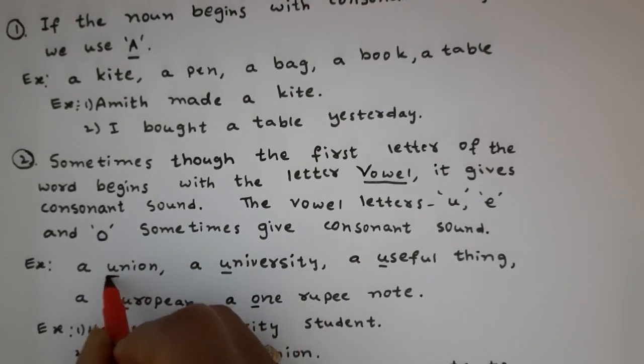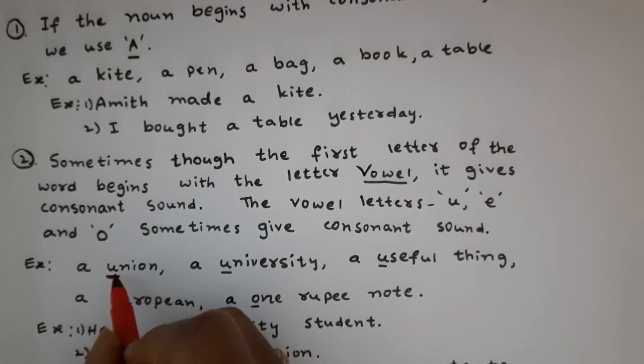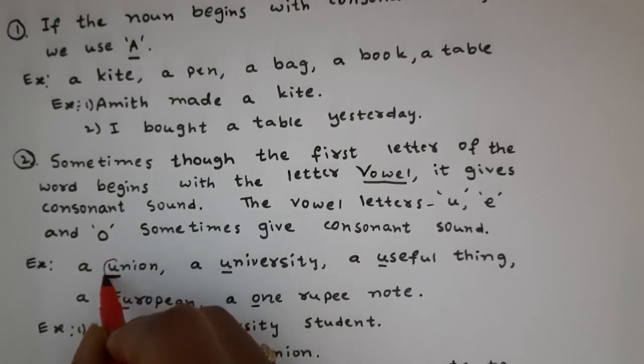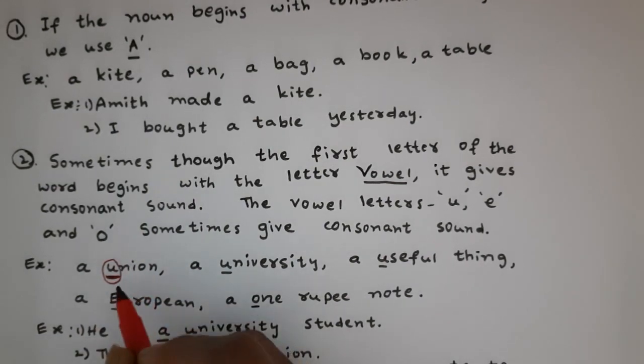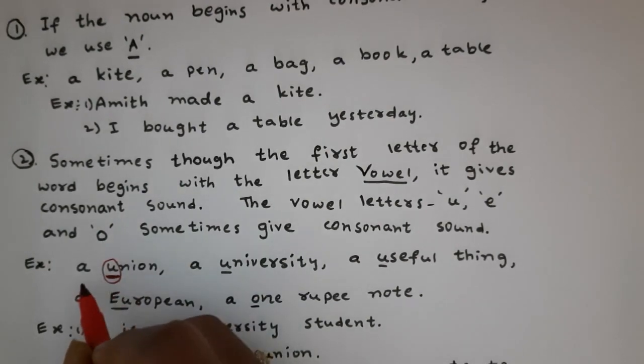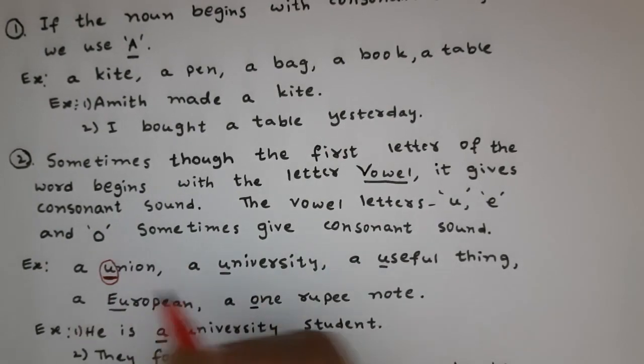Actually, in this word, U is a vowel letter, but it is giving a consonant sound. How is it possible? Union means U means ya. Ya means Y. Y means here a consonant. That's why we should use a union.